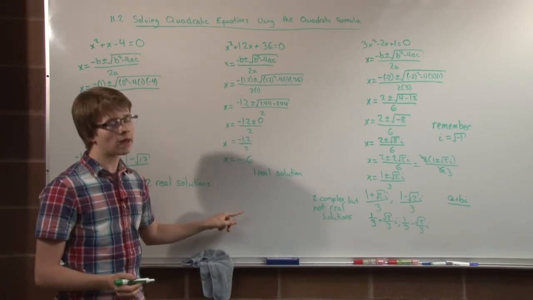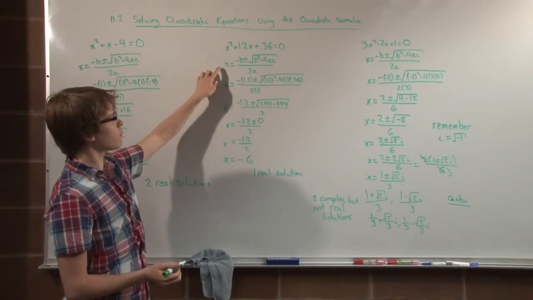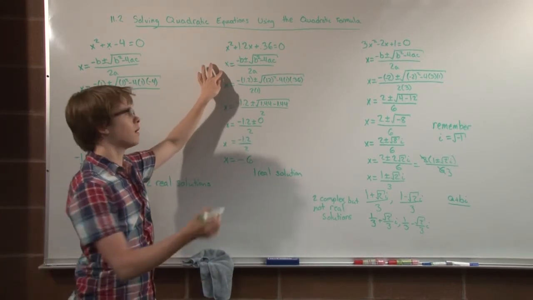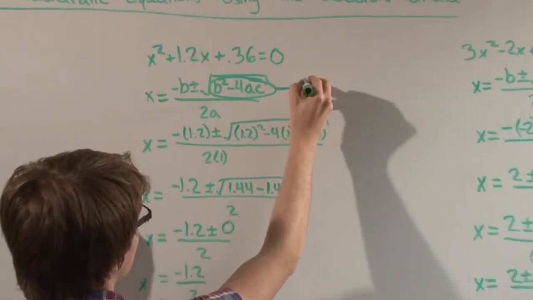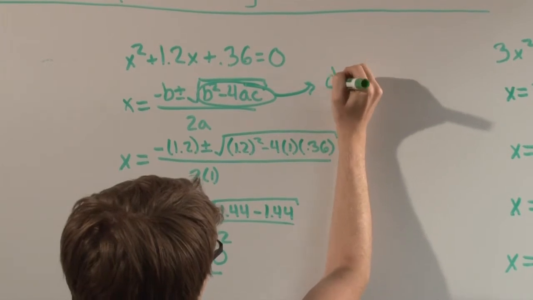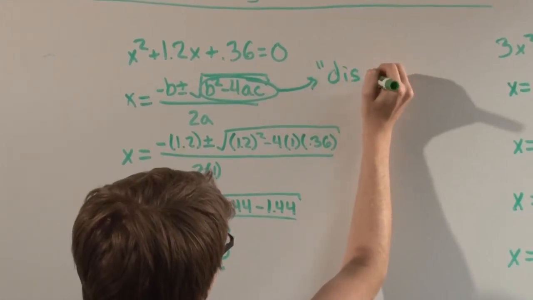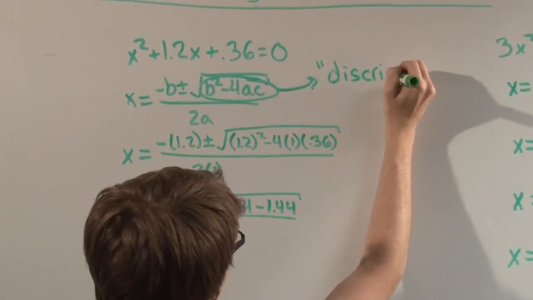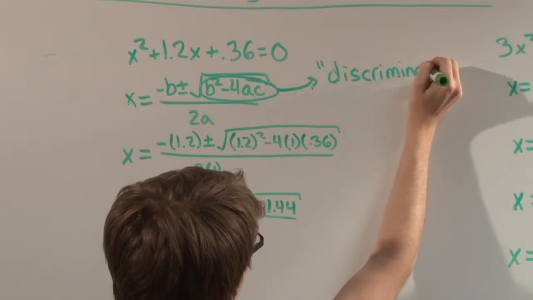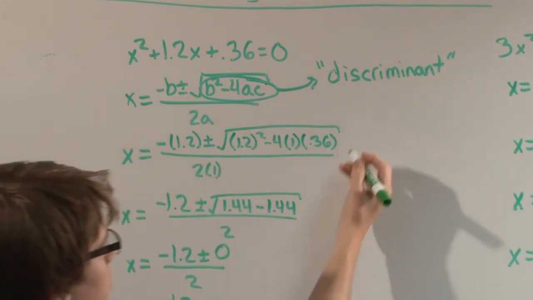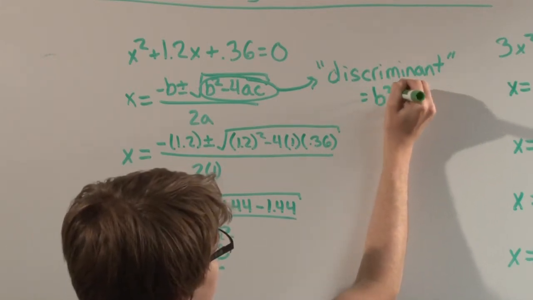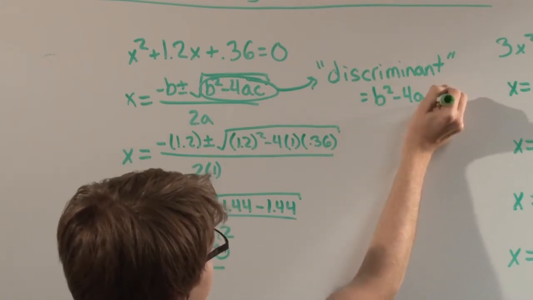And the way we do that is from a specific part of the quadratic formula. This part, underneath this square root, is called the discriminant. Right? And it's equal to b squared minus 4ac.